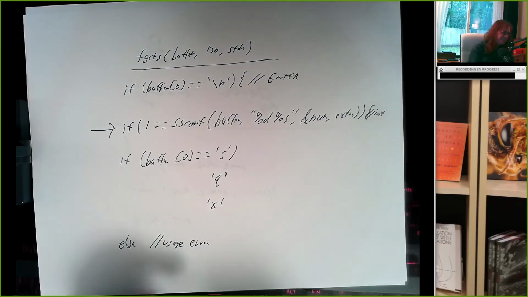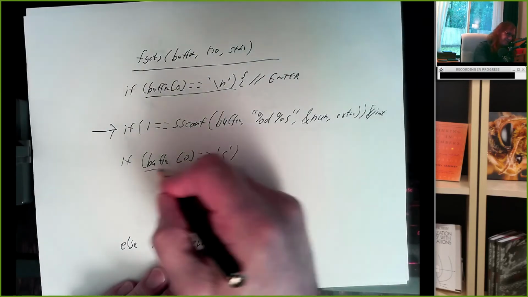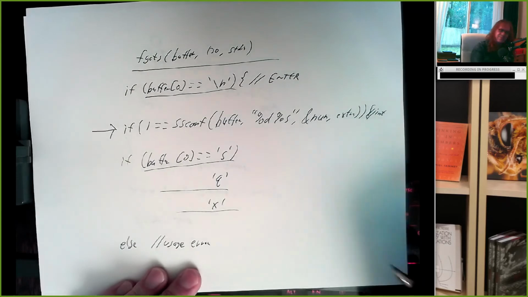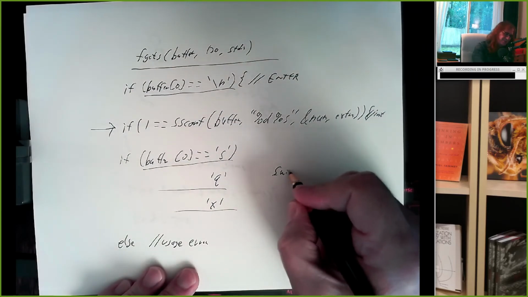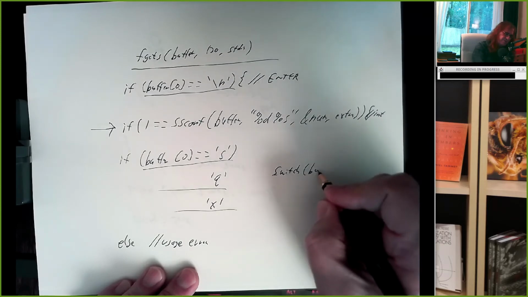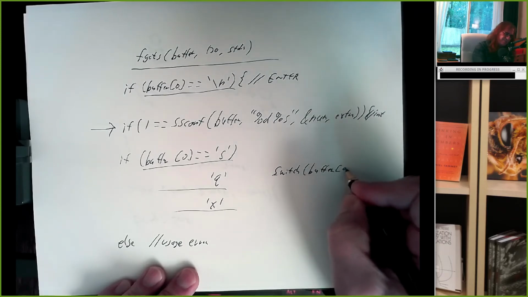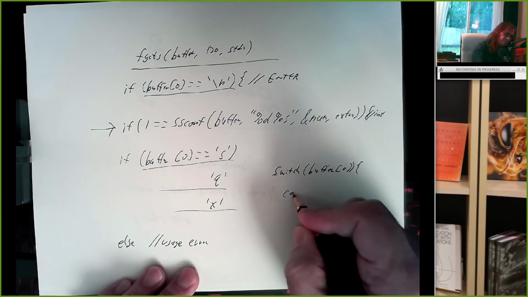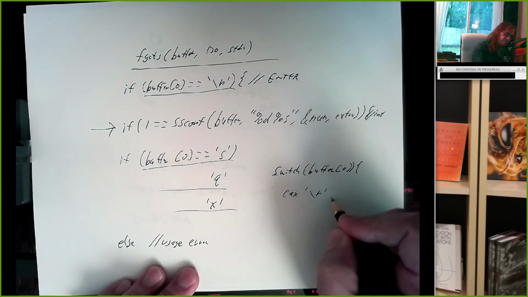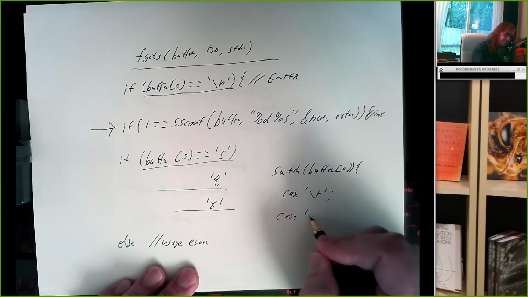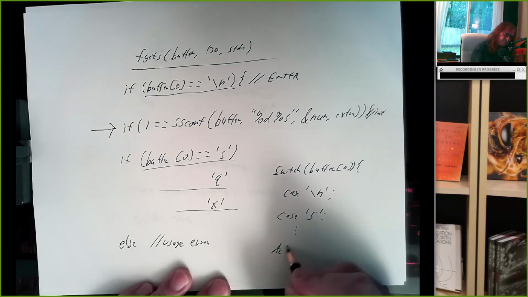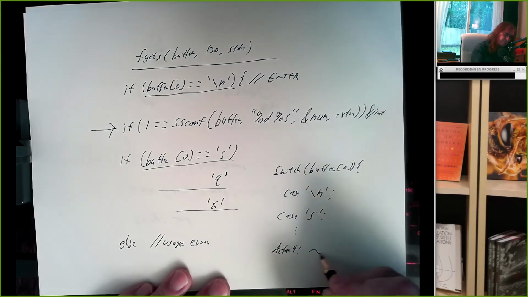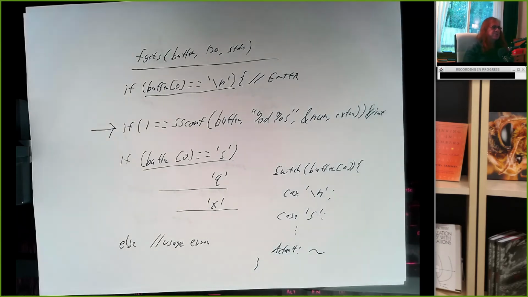And if not, all of these other conditions really just depend on what the first character of buffer is. So that's a case where you could say switch on buffer[0], and do your switch statement. Different cases have a default catch-all.